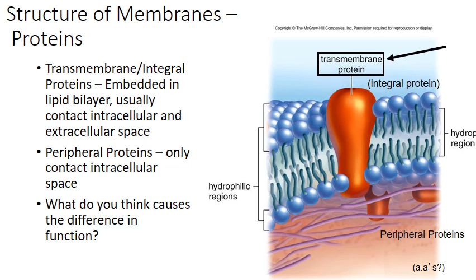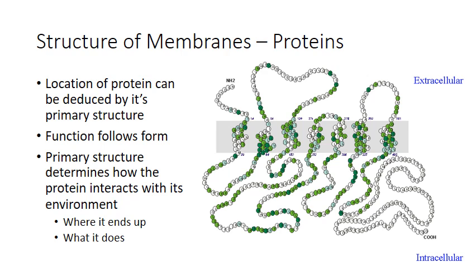So where would the nonpolar regions of a protein want to be? On the inside, in the nonpolar area. And where would the polar regions of the protein want to be? Either here or here. Exactly.